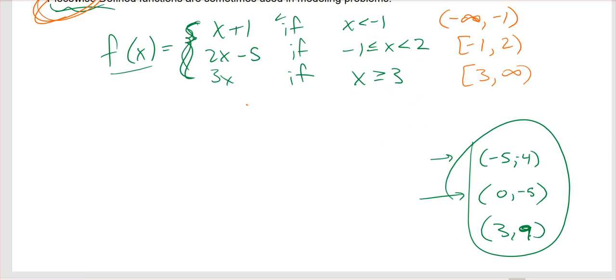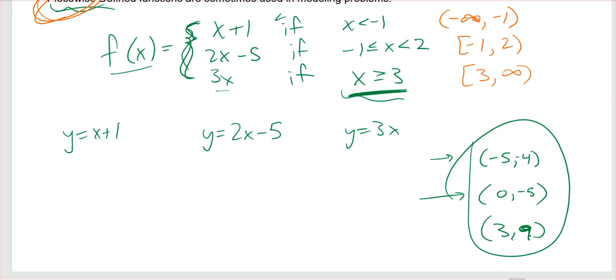So for any x input, my output is right there, right? So any x I put in there is going to look like, if I had y equal 3x, if I have x values bigger than or equal to 3, my graph is going to look like the graph of this thing. Let me write these in order, so maybe that would be less confusing if we went top to bottom. So if I have y equal x plus 1, y equal 2x minus 5, y equals 3x.